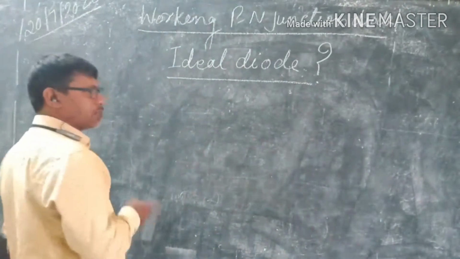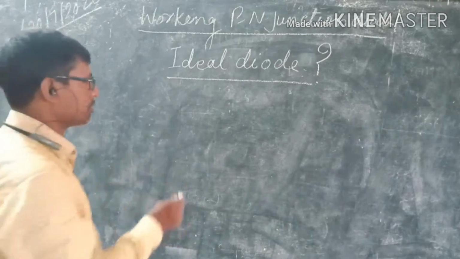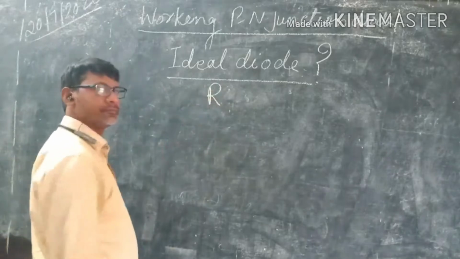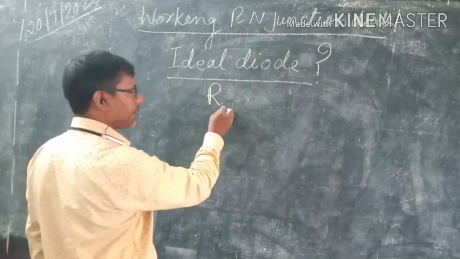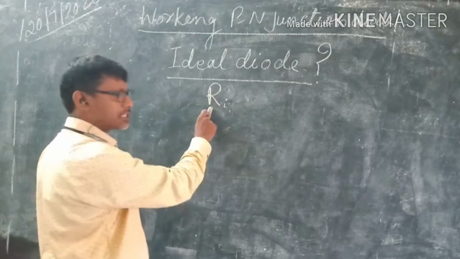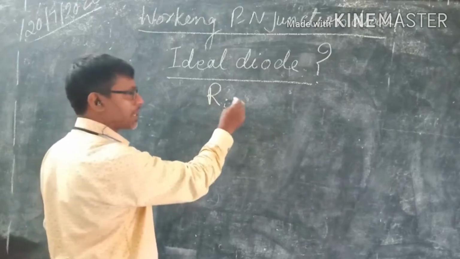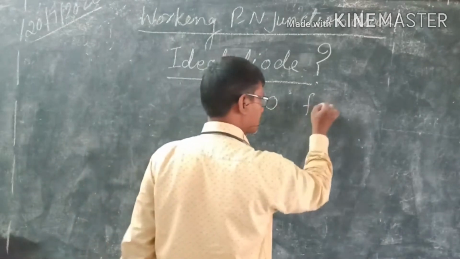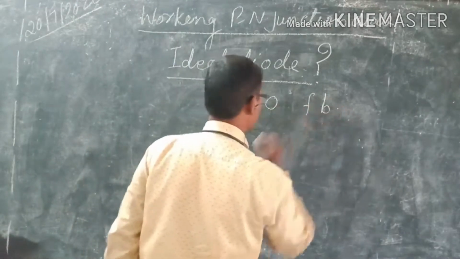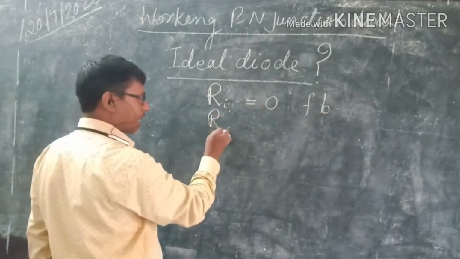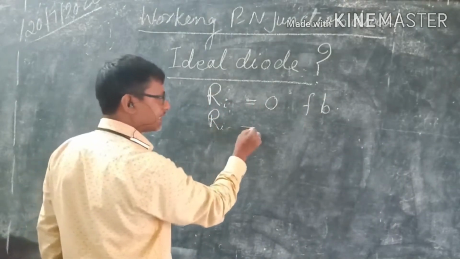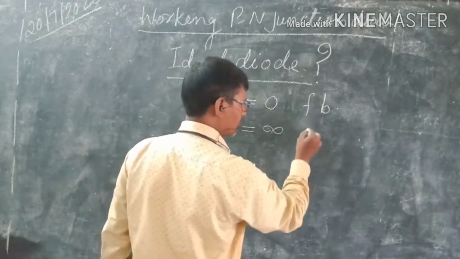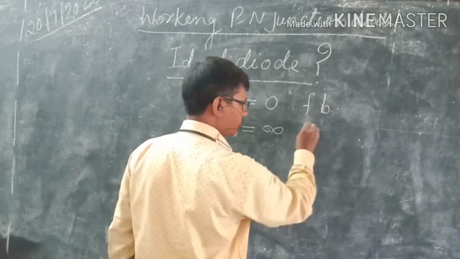An ideal diode is one which has resistance, R for resistance, I for ideal, resistance of the ideal diode equal to 0 in the forward bias, and resistance of an ideal diode equal to infinity in the reverse bias.